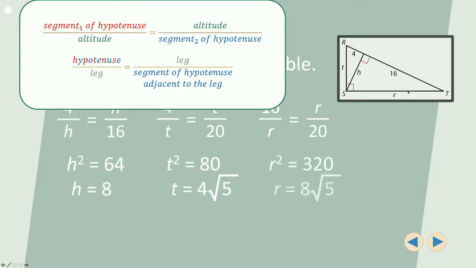We take the square root of both sides, and we get 8 root 5, or you could use a calculator to find its decimal approximation. So that's how you use those theorems. Make sure you know them. Again, you can know the ones that are written out in words, or if you know these two proportions, it's going to be very helpful.